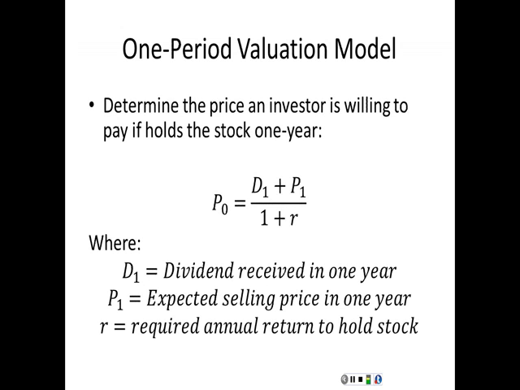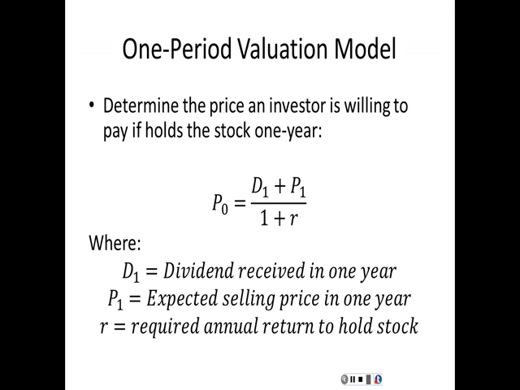First, let's start with a simple one-period model. We think of this like a present value and a future value. The present value would be what I pay for the stock today. We'll call that P0. The future value would be what I receive in 1 year. Well, if we think about it, we might get a dividend next year, and we might also be able to sell the stock for a certain value.